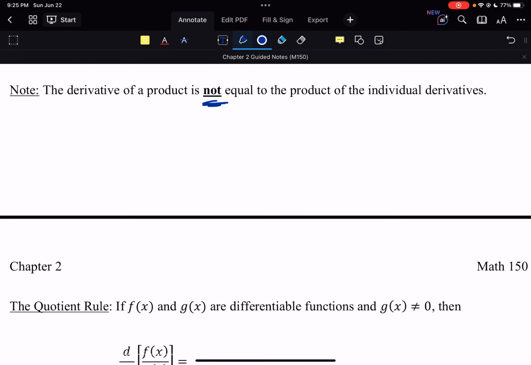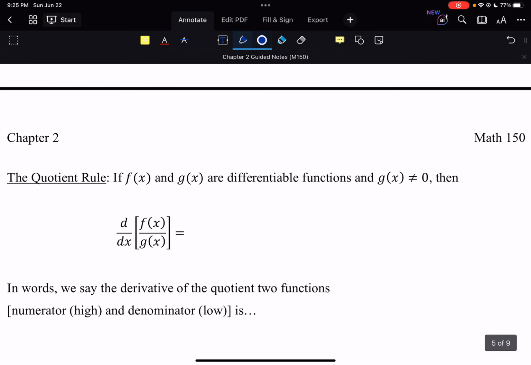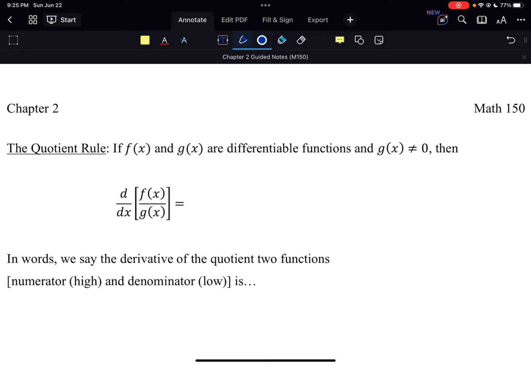Now, continuing on in a similar fashion, we have the quotient rule. What happens when you're dividing functions by each other and you want to take their derivative? Quotient rule is a little bit tougher to remember. So let's get it written down here.